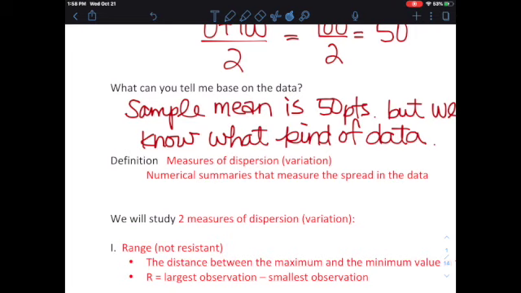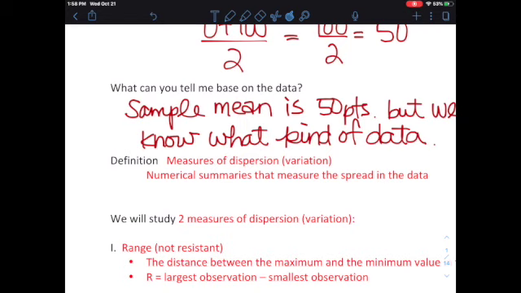So when they say non-resistant, it means if you have one that's really out there, it will change the range from the smallest number to the biggest number. So in that case, it's not resistant. It's not something that cannot be easily influenced. It's something that can be influenced very easily if you have very extreme data.